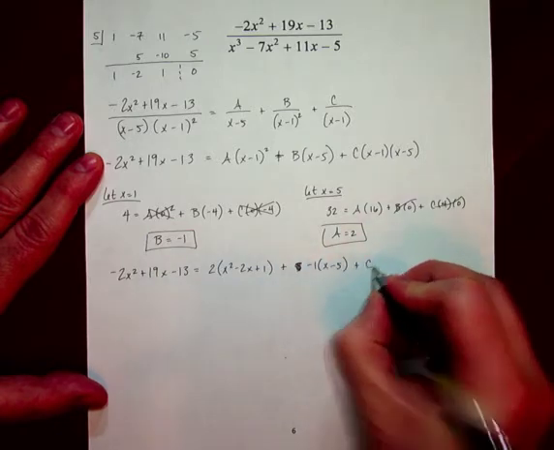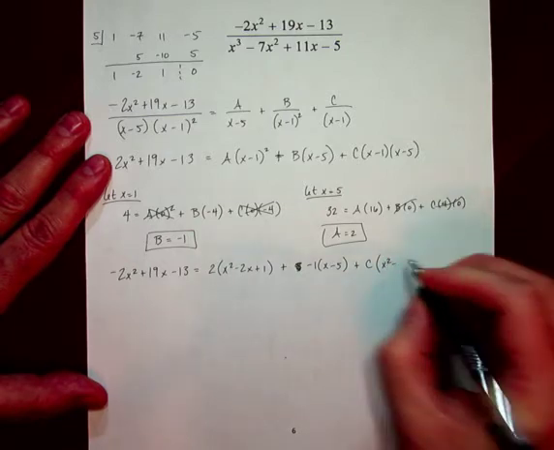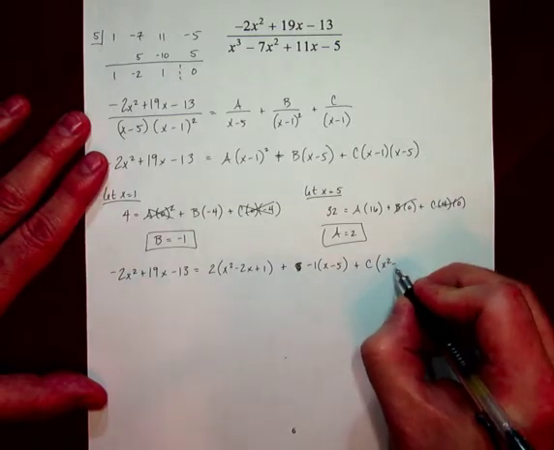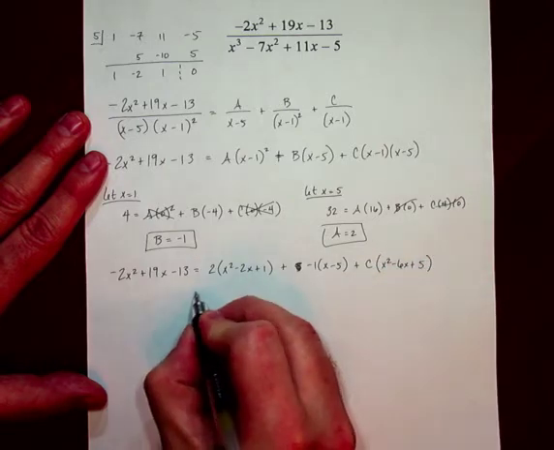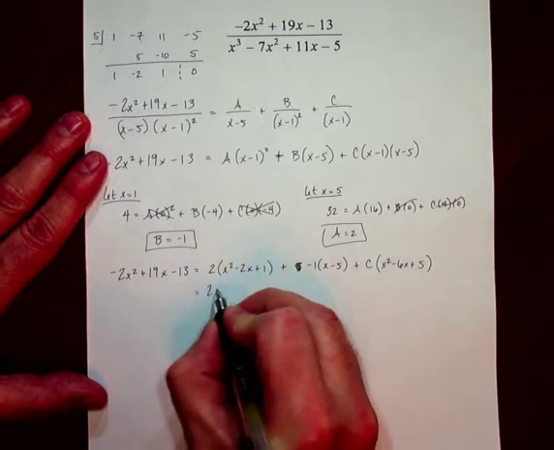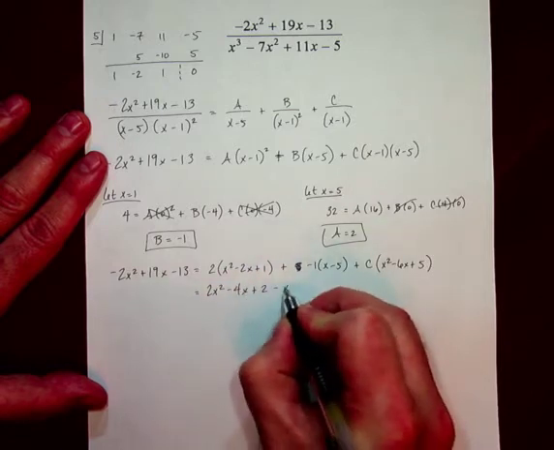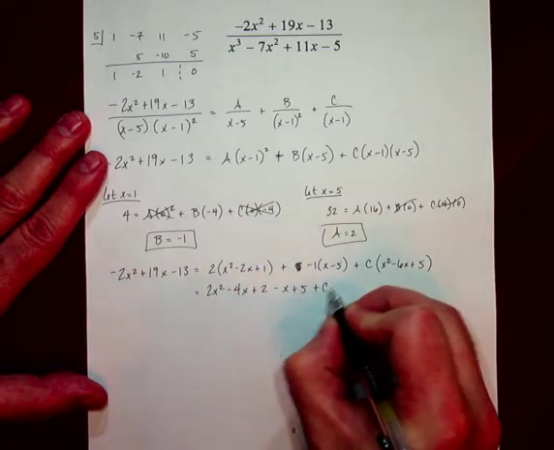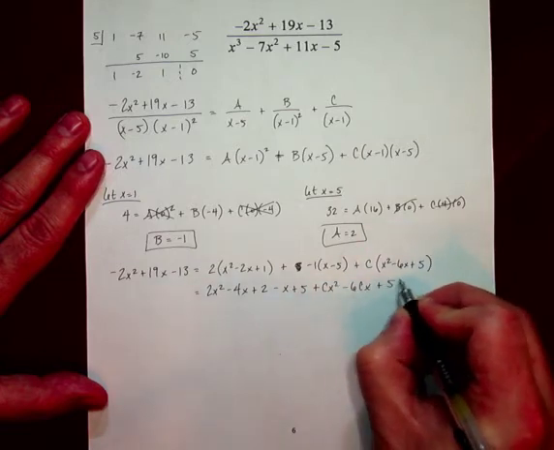But then we still have this c left over here, and this is x squared minus 6x plus 5. Okay, well, let's go ahead and distribute this, and let's start collecting terms. Minus x plus 5 plus cx squared minus 6cx plus 5c.